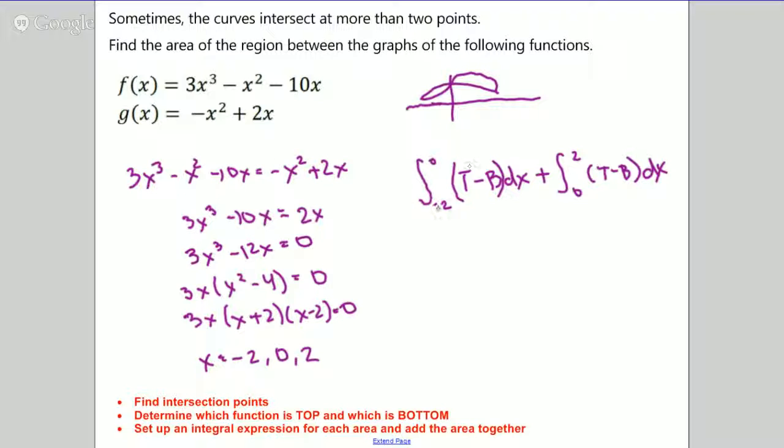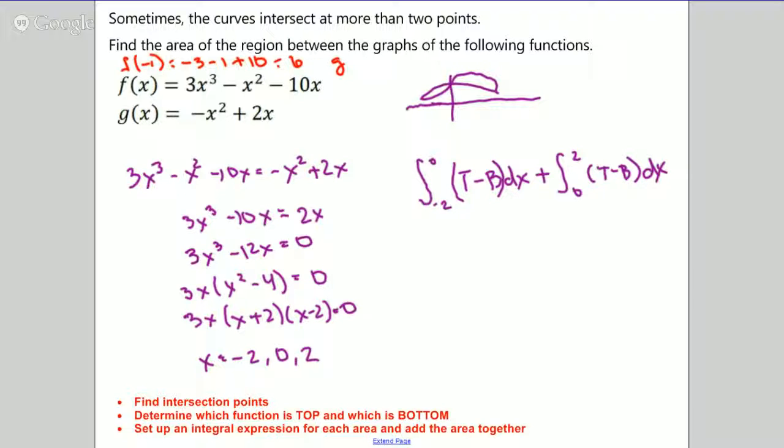Okay, so for the first piece, I'm going from x equals -2 to x equals 0. So pick a number between those. Shall we do -1? So f of -1 is going to be -3 minus 1 plus 10, right? So that's going to be 6.